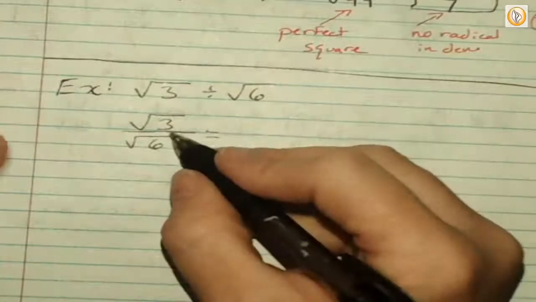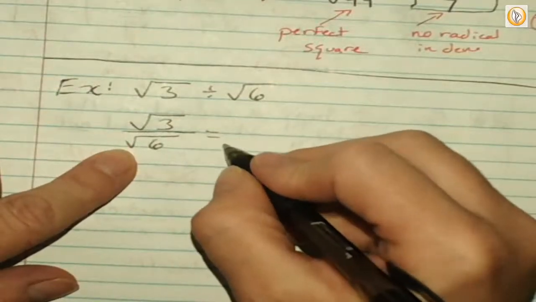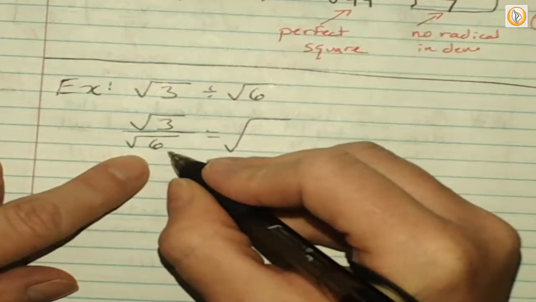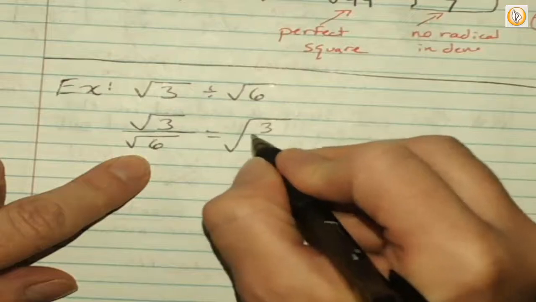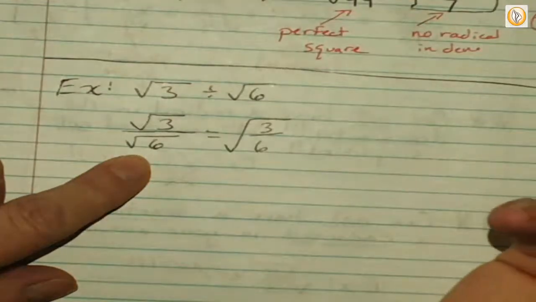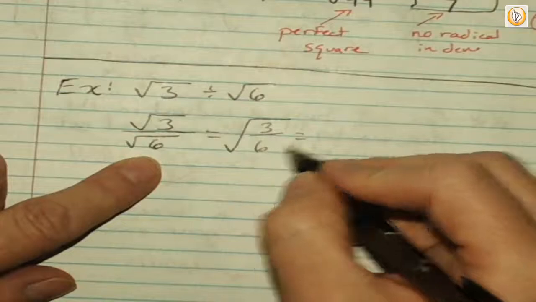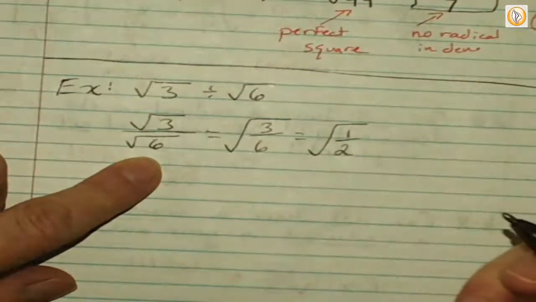Hold on. We're still in the radical though. So, like in the very beginning of our notes, can 3 be divided evenly by 6? No. So I can put it like this, or I can simplify it. Either way, because this becomes 1/2. Do y'all see that?